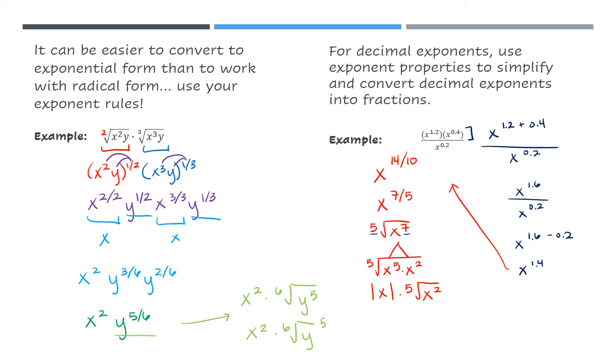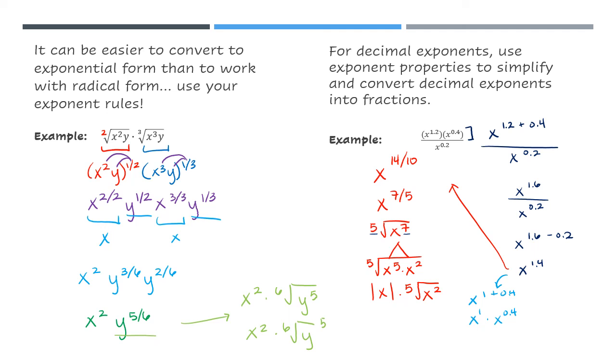Now the other way may be a little bit more straightforward. It's recognizing that x to the 1.4 power is the same thing as x to the 1 plus 0.4 power, which is like x to the first times x to the 0.4 power.